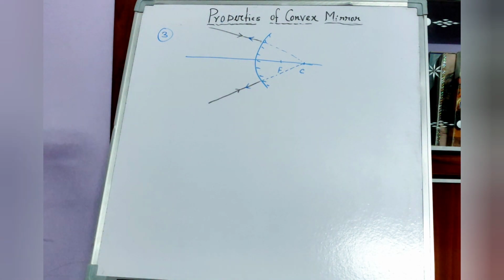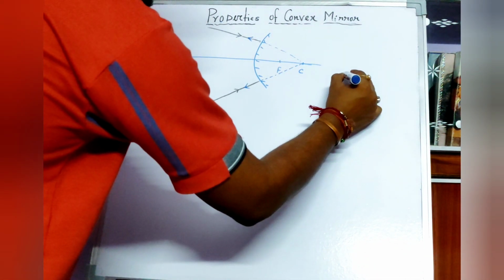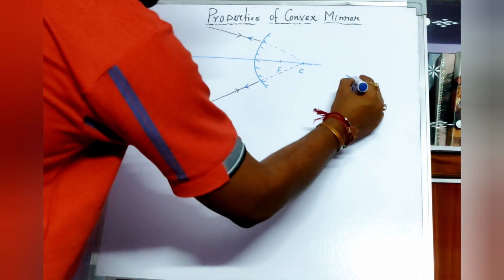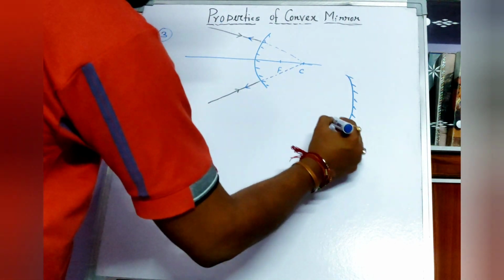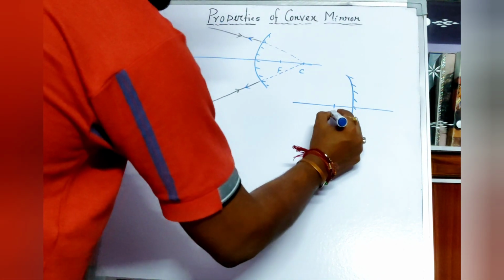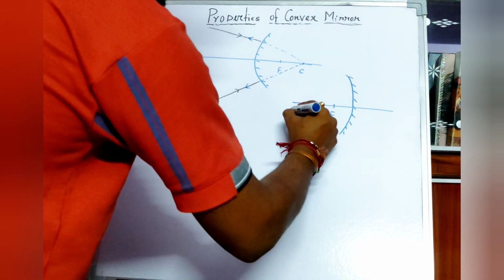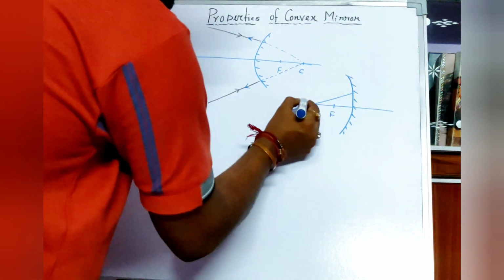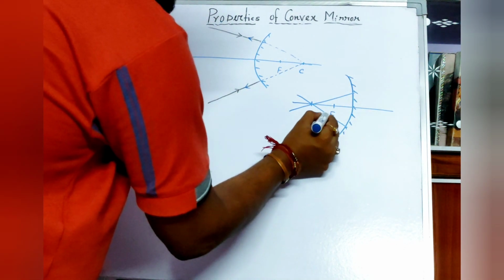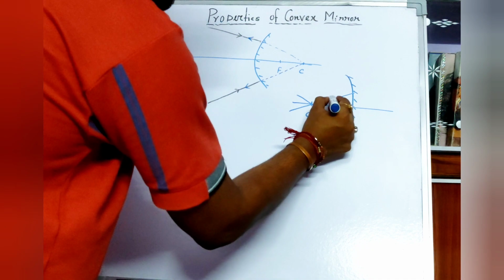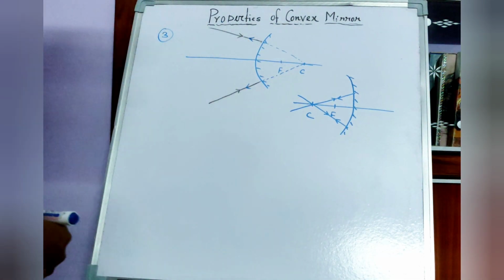Okay, so now I am comparing with the concave mirror. This is the concave mirror where this is the focus and this is the C, center of curvature. The ray which is passing through the center of curvature, after reflection they will be bounced back through the same path, right?